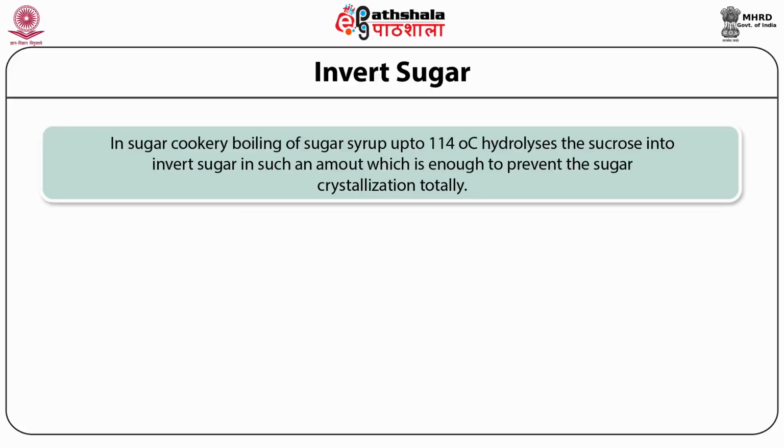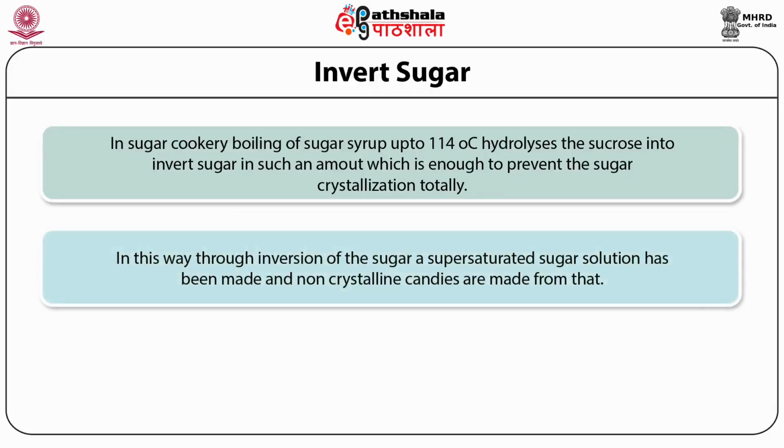This temperature is mainly used for making different types of candies where we use this phenomenon to control the crystal growth. In this way, through inversion of the sugar, a supersaturated sugar solution is made and non-crystalline candies are made from that.